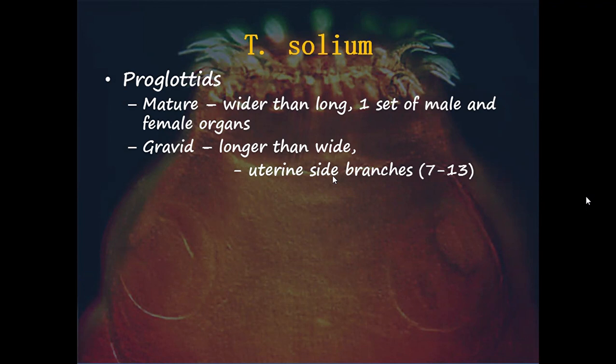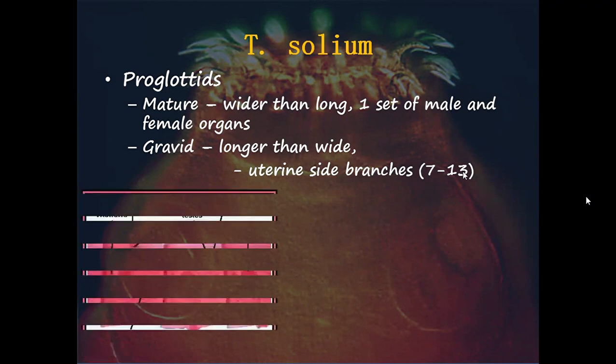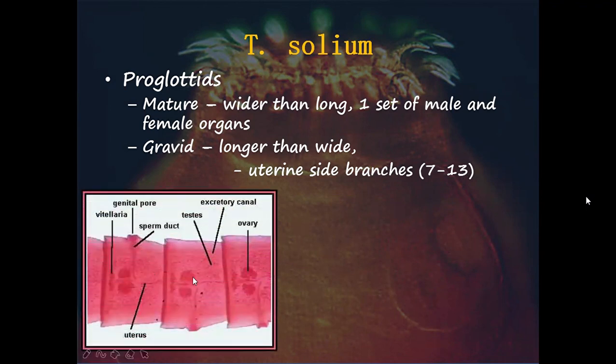So this is the difference in their gravid segments with latum. In latum, it is wider than it is long. In T. solium, it is longer than it is wide. And please take note, the uterine side branches will be anywhere from 7 to 13 in number. Okay, and we will be showing to you the uterine side branches. So this is wider than it is long.